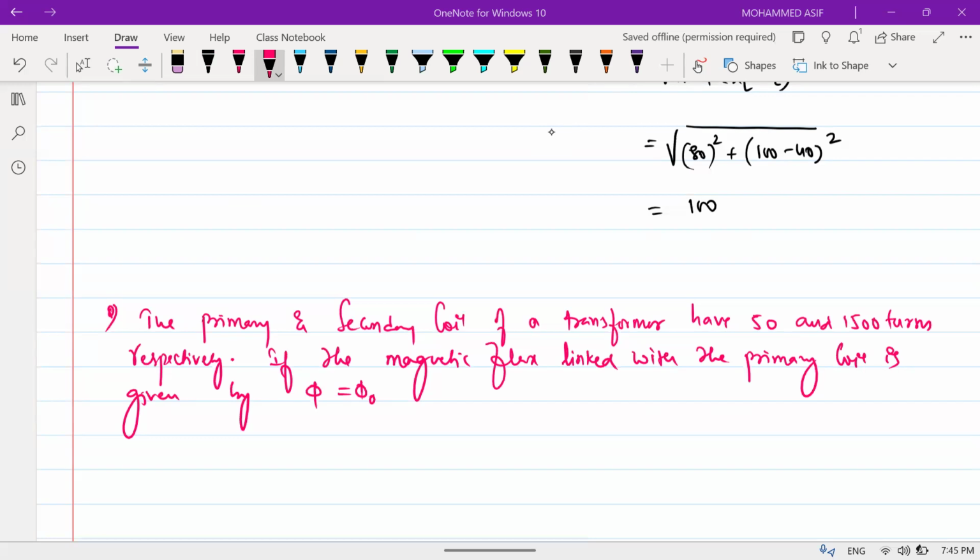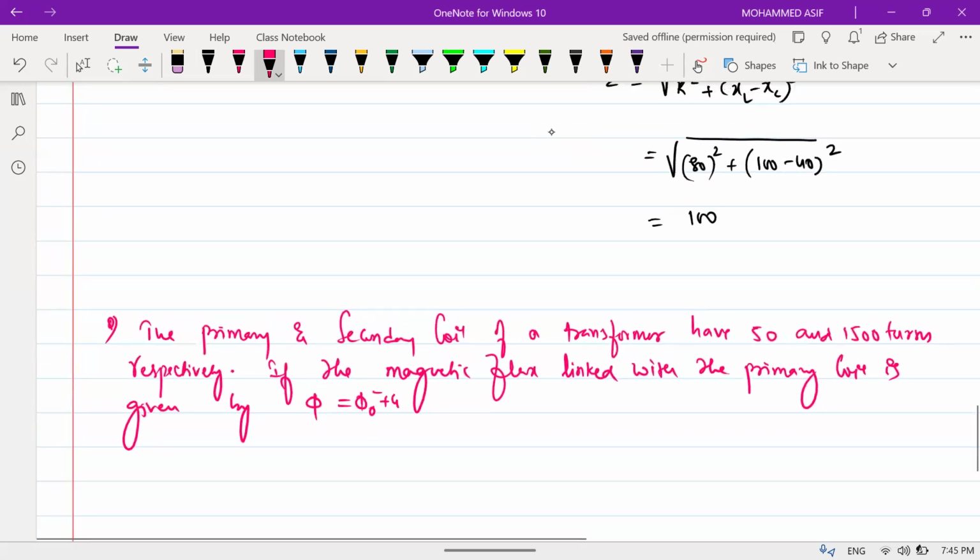phi is equal to how much beta? Phi naught plus 40t.